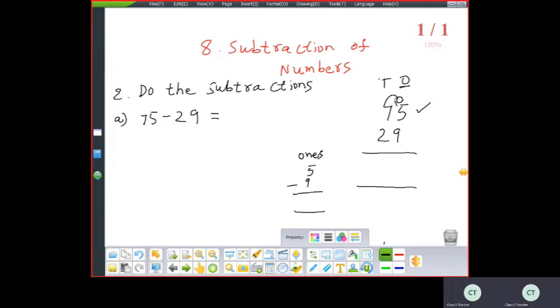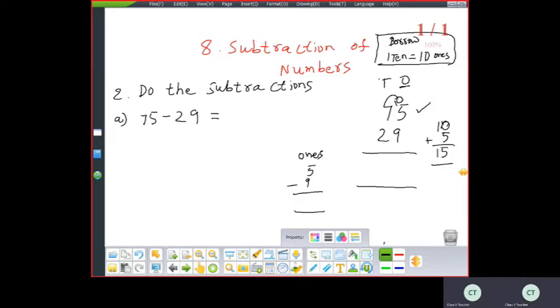Borrow. Here borrow means one 10 is equal to 10 ones. All 10 ones are there, and 5 ones. 10 plus 5, 15.